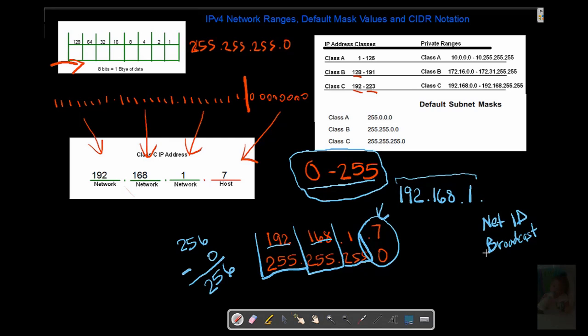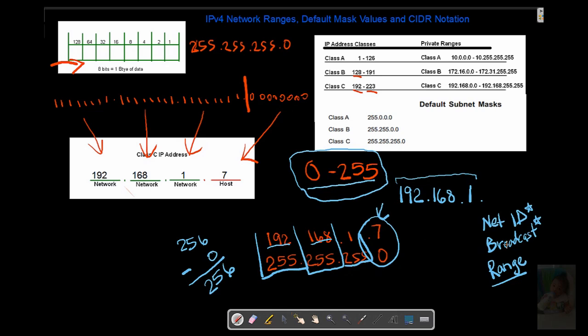Well, that's going to be our broadcast. Once we determine those, we can determine what range we can actually assign to devices inside the network, because this cannot be used for a host. This cannot be used for a host. It wouldn't make sense if I had an address that was the broadcast, so that when you send communications to me, it went to everybody.